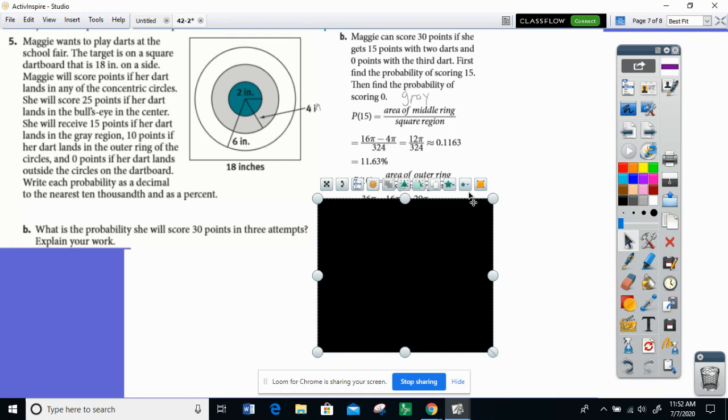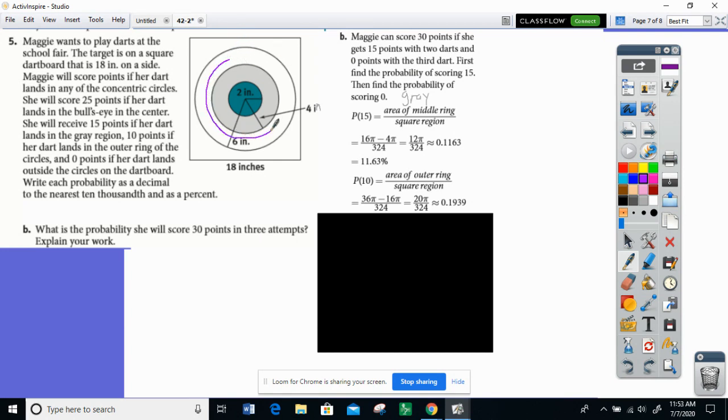So there's another possibility, which is that she gets 10 points. That would be the area of the outer ring, which is white. In other words, the area of this part is the outer ring, the band of the circle that's in white.